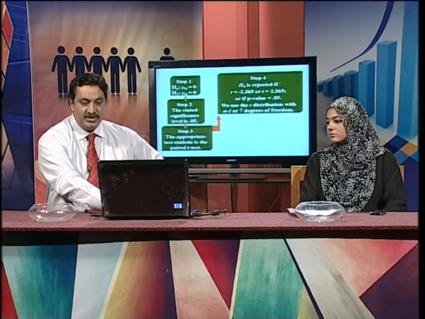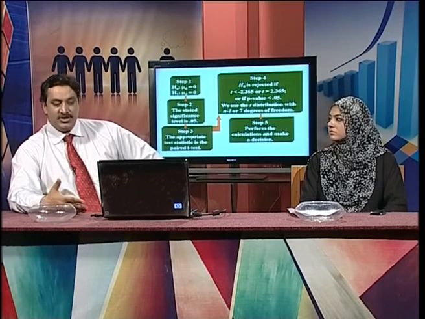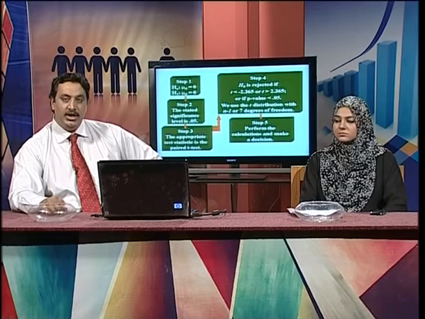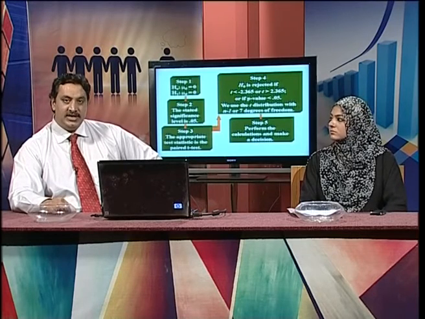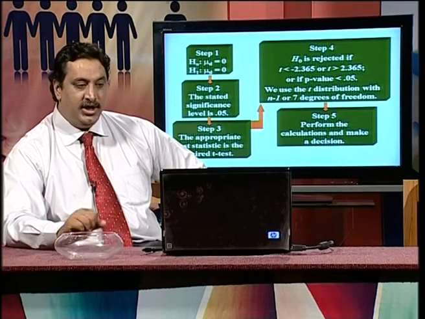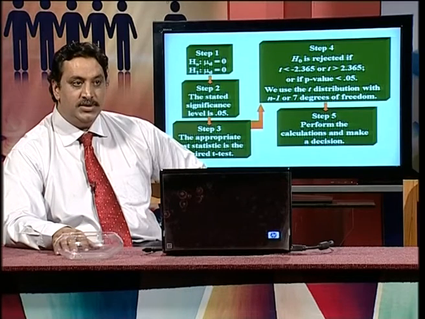In a paired T test, we have similar steps for the testing of hypothesis. First, we draw the null hypothesis, and generally we formulate it as mu D equal to 0, where D is the difference between the two sample or population means. The alternate is obviously mu D not equal to 0.